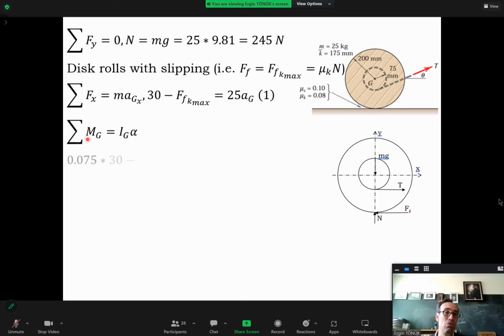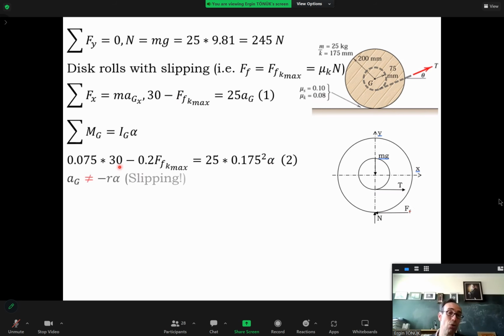You can use moment of the forces is equal to mass moment of inertia about the mass center times the angular acceleration. Again, substitute the friction force here, which you got, get the angular acceleration.